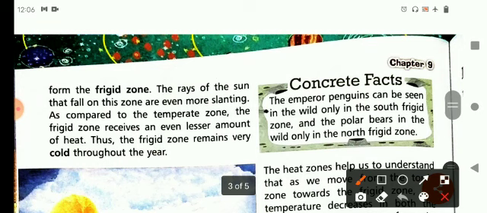The rays of the sun that fall on this zone are even more slanting as compared to the temperate zone, and the frigid zone receives an even lesser amount of heat. Thus, the frigid zone remains very cold throughout the year.